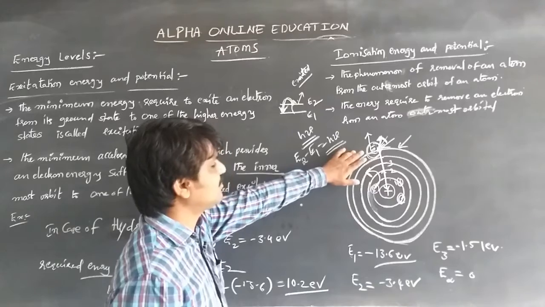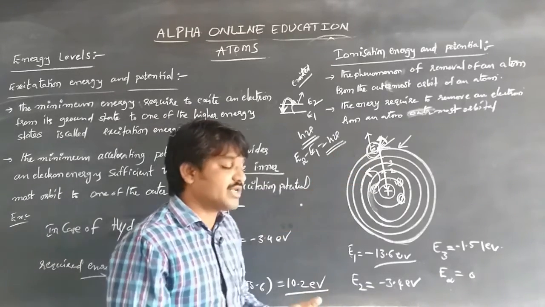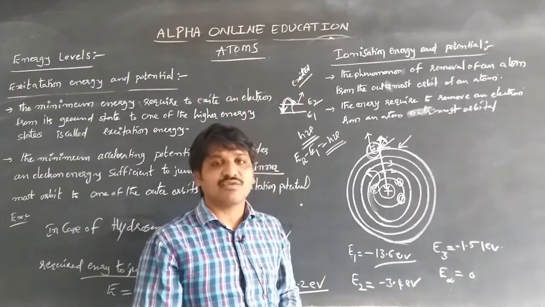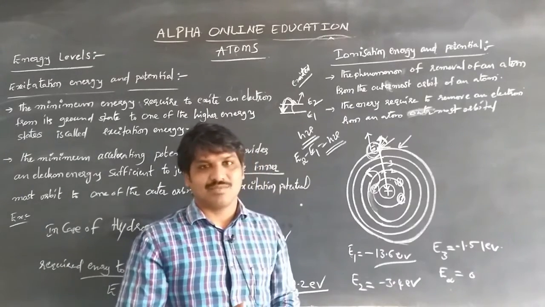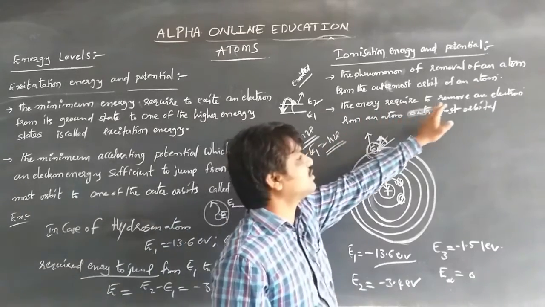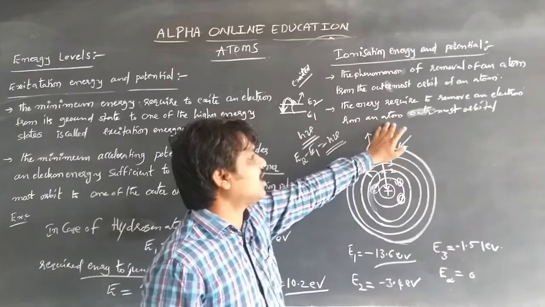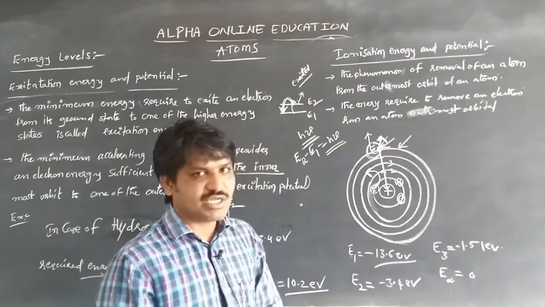The energy required to excite an electron to escape from the valence orbital is called ionization energy. The energy required for removal of an electron from the outermost orbital of an atom is expressed as the ionization potential.